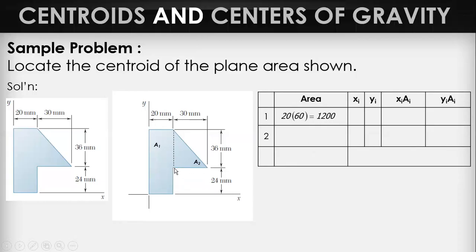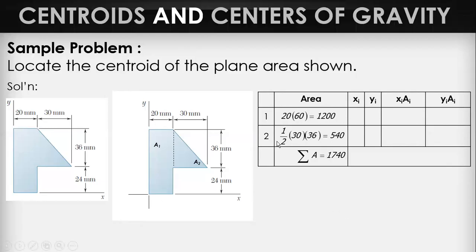So it's 1/2 times 30 times 36. That's 540. So i-add na to. Summation of area, it's 1740. Okay.